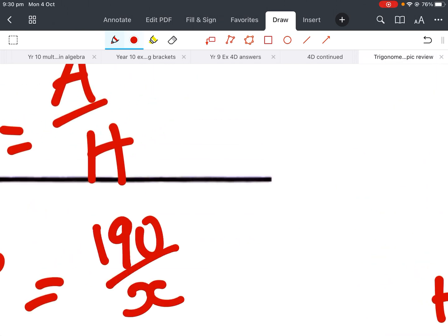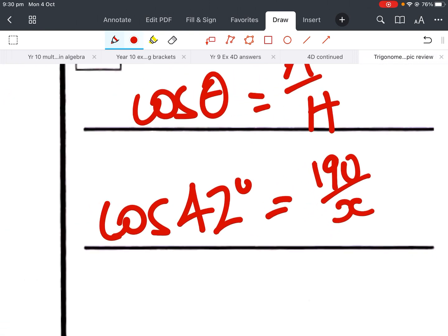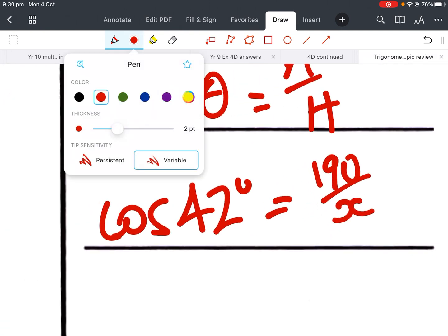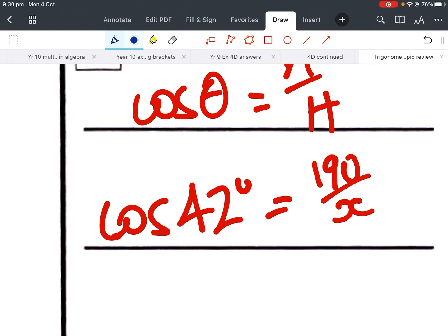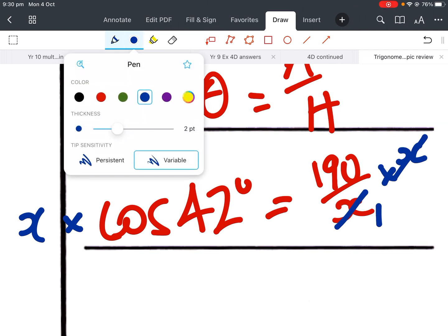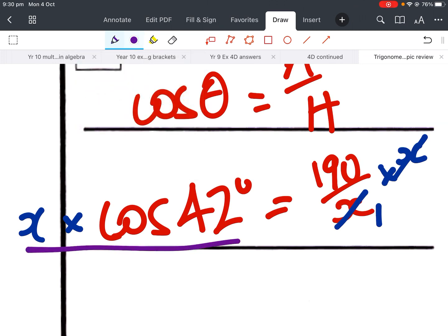Now, do you remember what to do when you have the unknown on the bottom of the fraction? Remember, this is the swap one, okay? Either multiply both sides by X. That gets rid of the X over here. You get X times cos 42 equals 190 over, at the moment it's 1 actually, if you cross out the X's. And then my next step is to get rid of the cos 42.